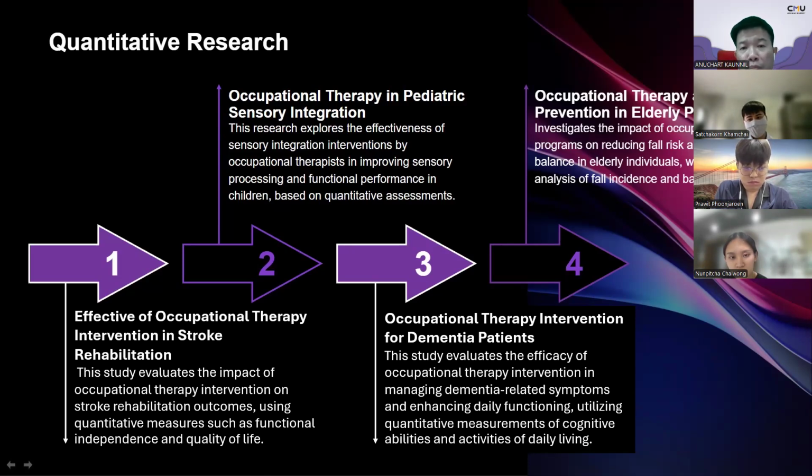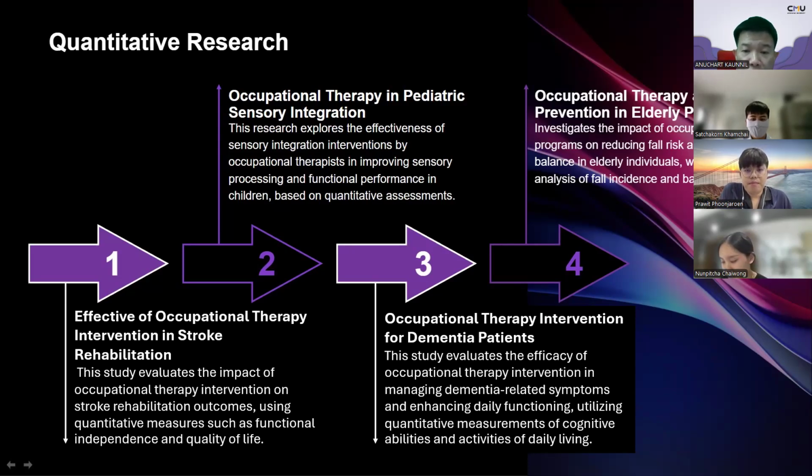Occupational therapy in pediatrics, in sensory integration: for example, they study the effectiveness of SI intervention by OT therapists to improve sensory processing and functional performance in children. This is the protocol, and they measure in quantitative terms. Occupational therapy intervention in dementia.